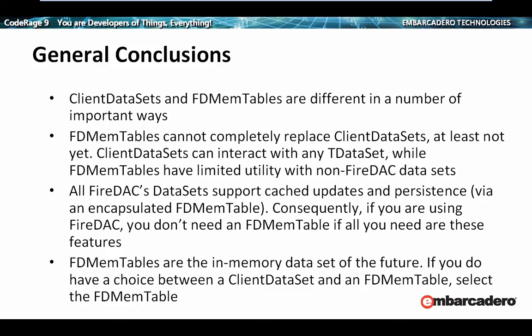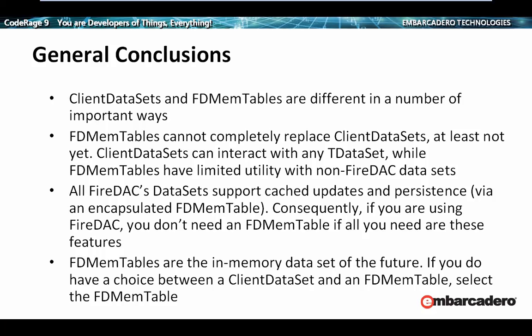Now, here's another important point, which is when you're using FireDAC as your data access mechanism, your need for FDMemTable is actually much lower than when you're using some other data access mechanism, simply because FireDAC's datasets, such as FDQuery, do many of the things that you might have previously used as an argument for using in-memory datasets. For instance, an FDQuery can cache updates. It can persist its data to file or stream.